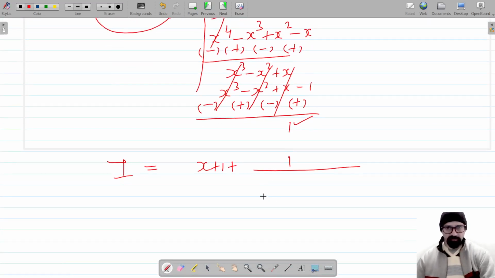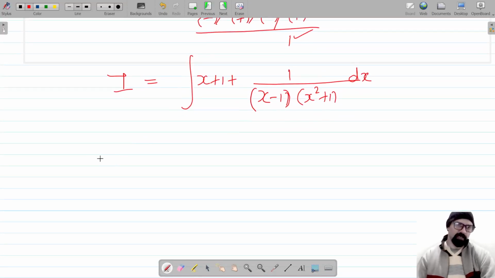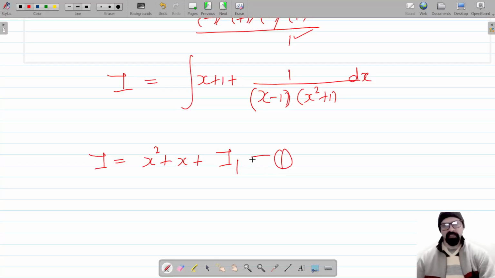So I can write it as x minus 1 into x squared plus 1, into dx. So this is now easy to integrate. It becomes I is x squared over 2, and the integration of 1 is x, plus the remaining integral. Let me consider this function as I1. So let this be equation 1.